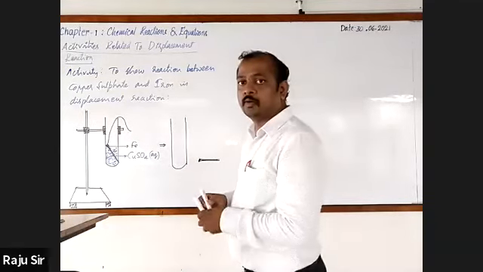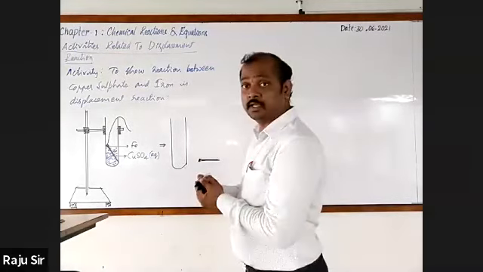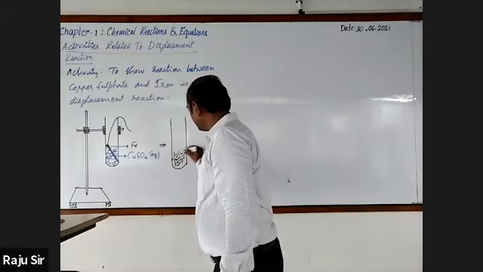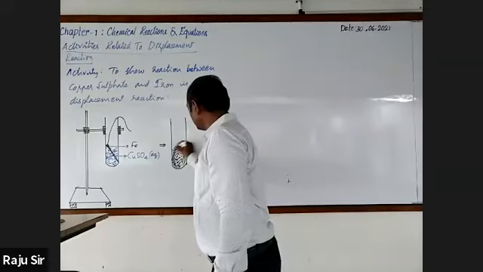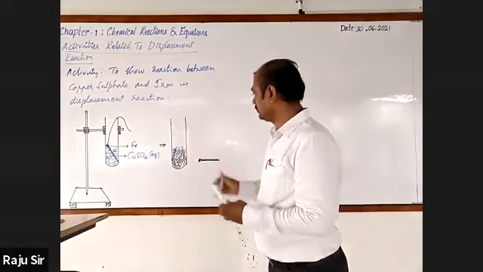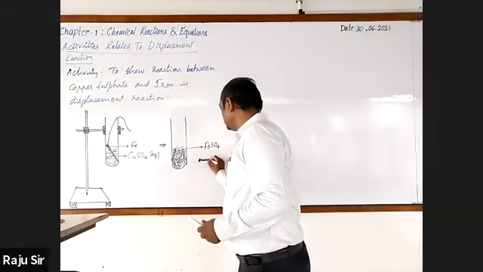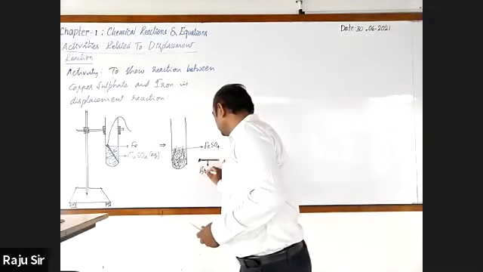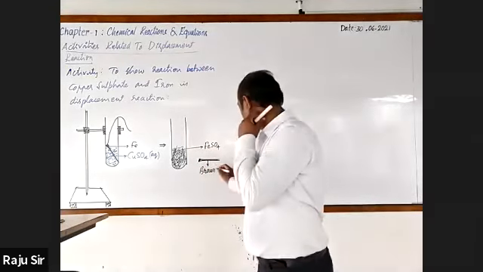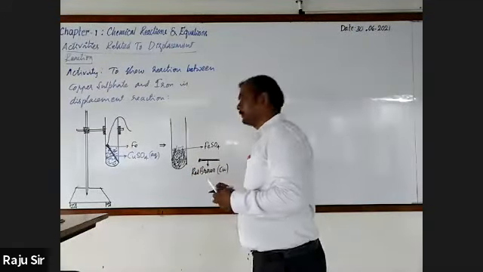Here, whatever solution we get, this is iron sulfate, FeSO4, and there will be a brown coating. This brown coating is a red brown color. It is copper.